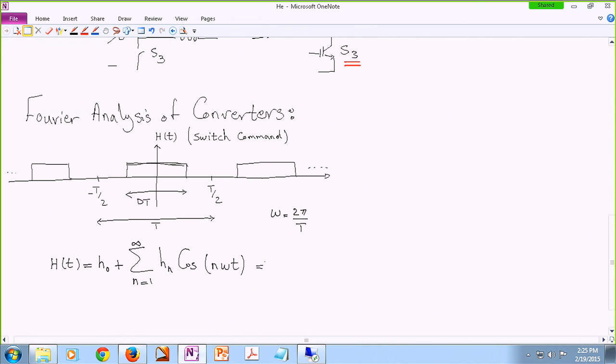The way the duty cycle is defined, actually the DC value of, oh, by the way, this peak value is 1, and this bottom value is 0, obviously. Okay. So the way the signal is defined, the average value of the signal is D plus, we are not going to do it here, but if you do some Fourier series analysis, you're going to realize that H sub n, the amplitude of the nth harmonic, looks like this.